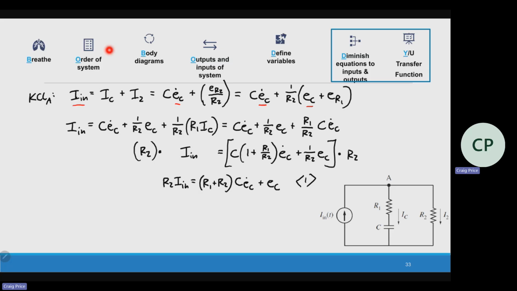Now what I'd like you to do, before we take a break, we got to finish this out. I want you to create the transfer function. So take that, dots become S. We can get our transfer function, then after that we'll take a break.